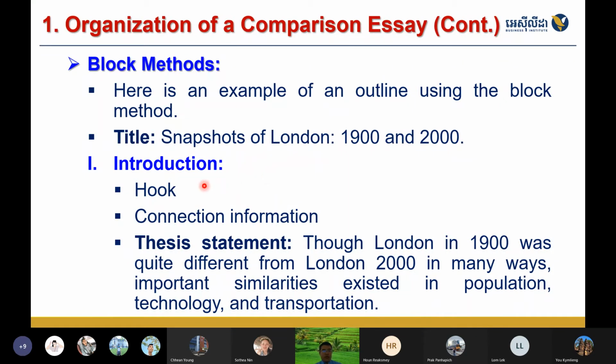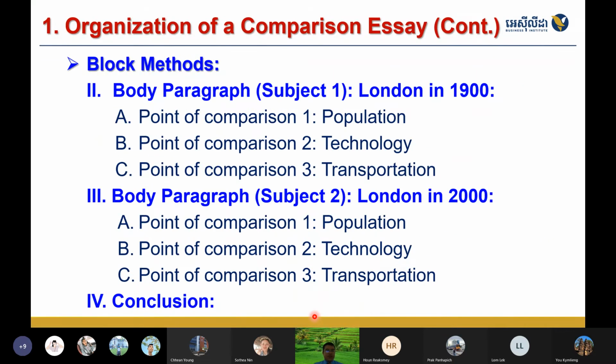Introduction: connecting information. Thesis statement: London in 1900 and London in 2000 are in many ways different, yet similar in population, technology, and transportation. Continue.